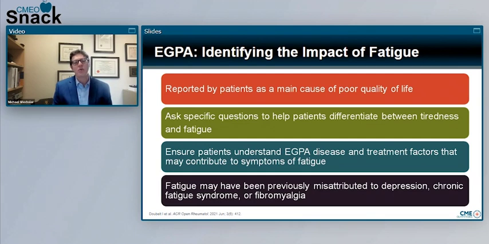And I think we need to really review what patients know about fatigue and why it occurs in a variety of different systemic illnesses, but particularly in EGPA, because oftentimes patients come in with fatigue and it gets misattributed to depression, chronic fatigue syndrome, or fibromyalgia.